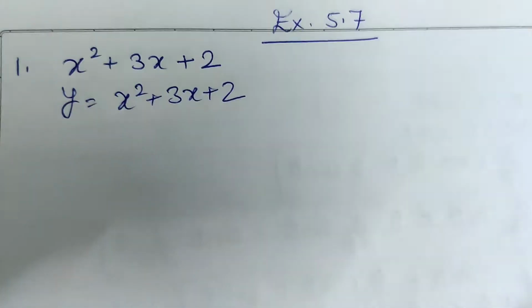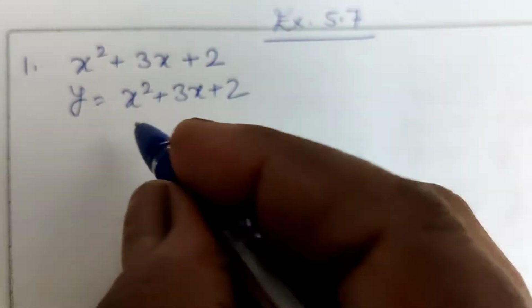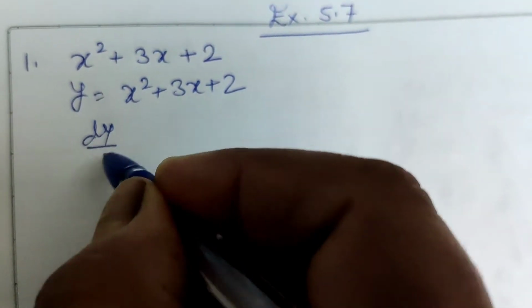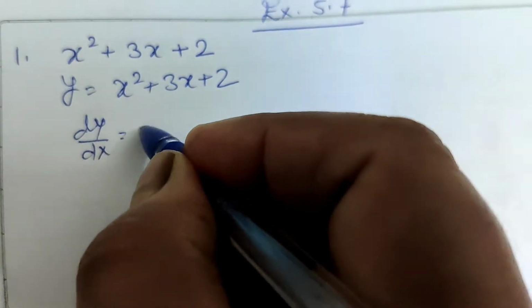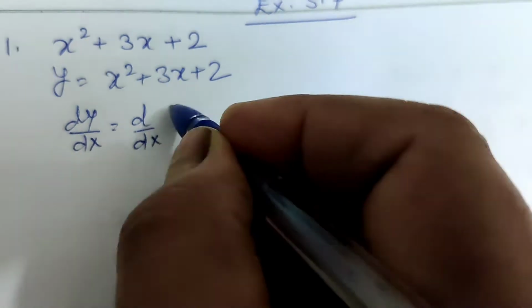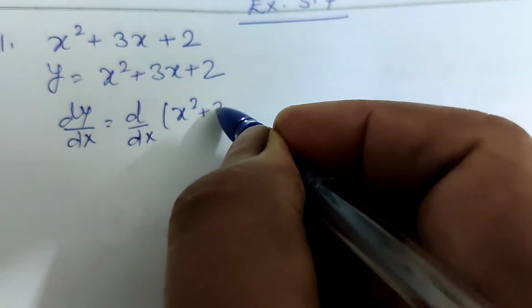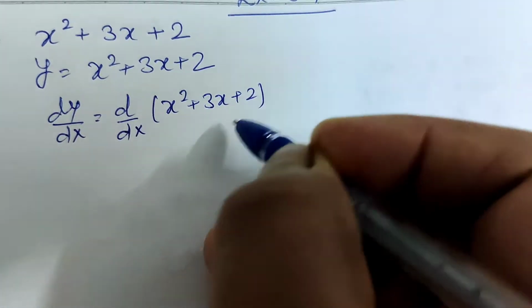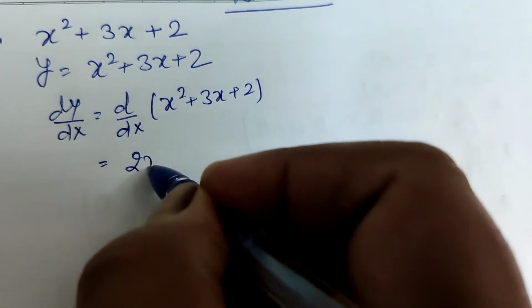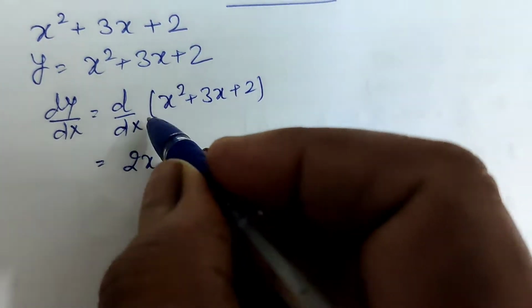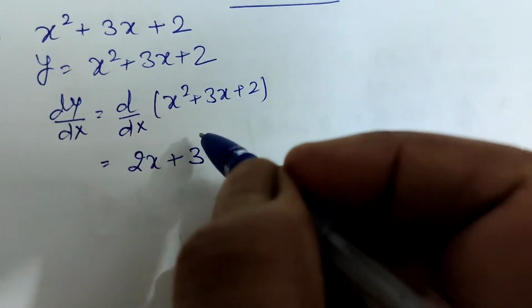Suppose y equal to x square plus 3x plus 2. The first time we differentiate, dy over dx is d over dx of x square plus 3x plus 2, which equals 2x plus 3. Differentiation of x square is 2x, and of 3 is 0.